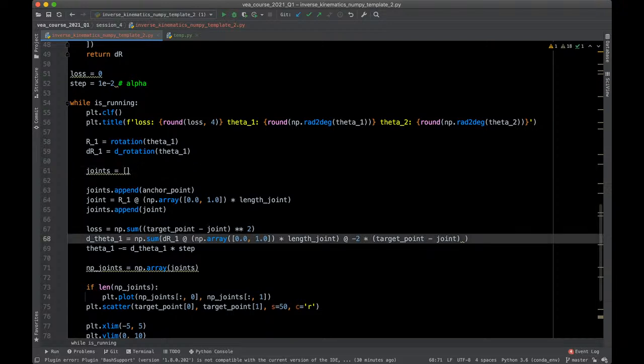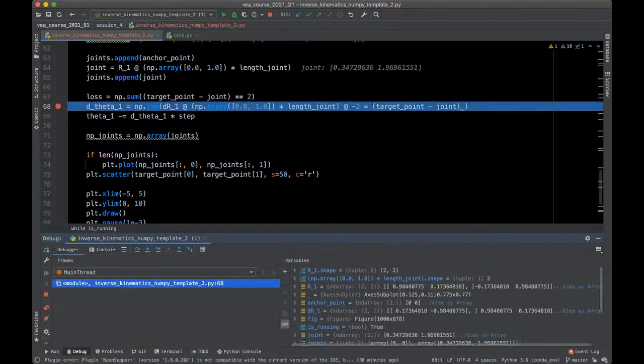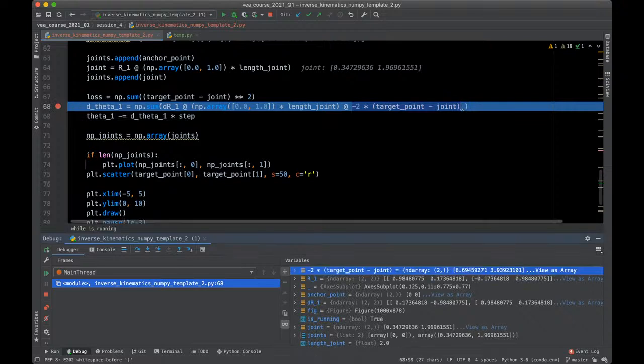Okay, so it should work in general. Just a second, I will add the breakpoint. I just want to check, because I think I could use the vectors directly, not the pairwise multiplication. Just a second. So these should give us vectors. Yes, there is a vector, that is correct.